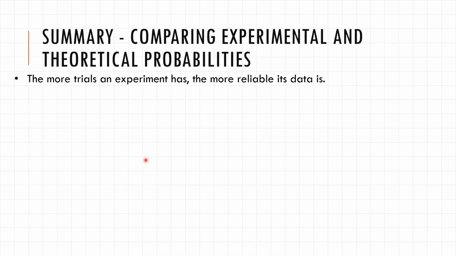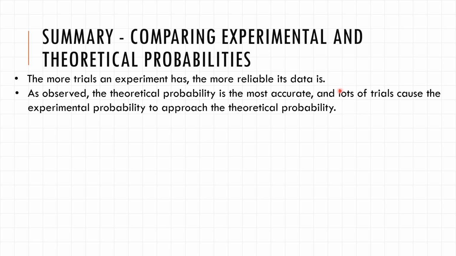And that's what our lesson for today is really all about. The more trials an experiment has, the more reliable its data is. And as we observed, the theoretical probability is the most accurate predictor. And the more trials we do, the more the experimental probability itself approaches the theoretical probability. The closer and closer it gets to being the same thing as the theoretical probability.